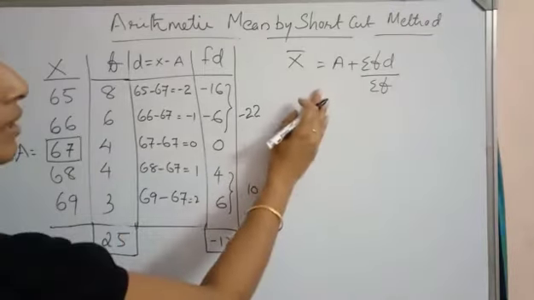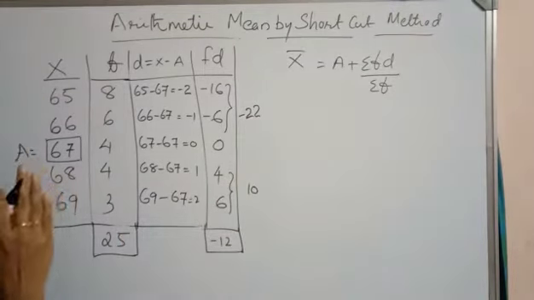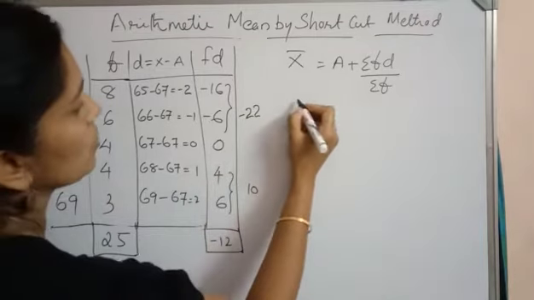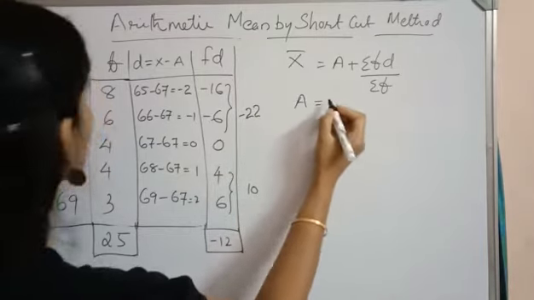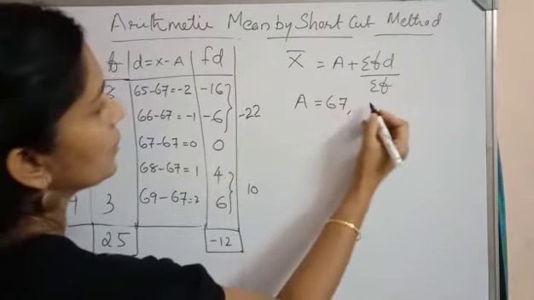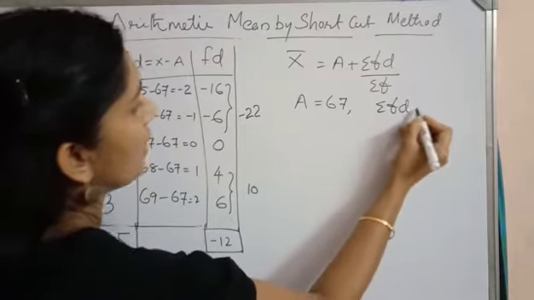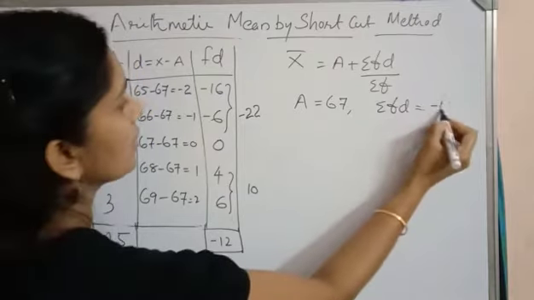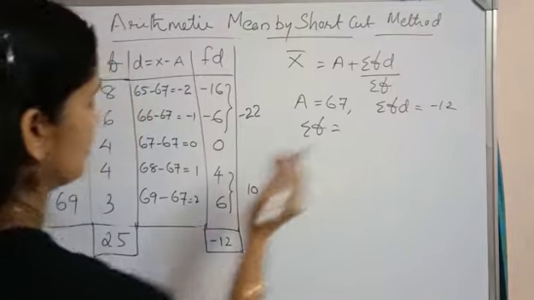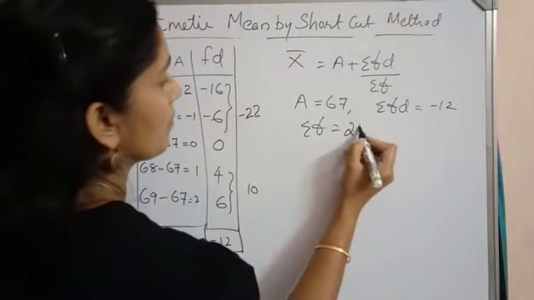Then let's substitute in this formula and obtain the arithmetic mean. So we have assumed mean as 67, sigma fd as minus 12 and sigma f is 25.